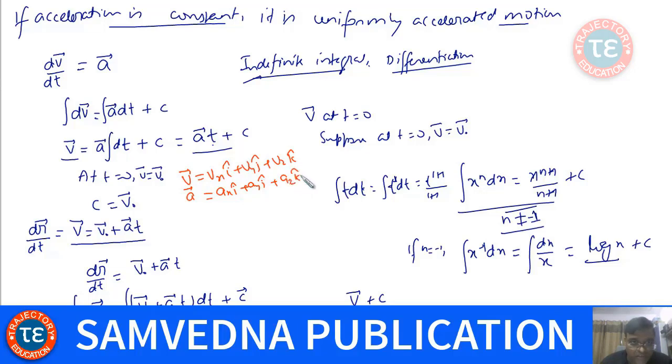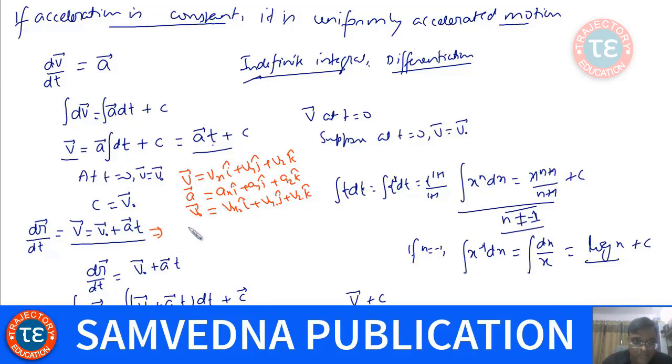So a is axi plus ayj plus azk, and suppose v naught is the velocity vx naught i cap, vy naught j cap and vz naught k cap.